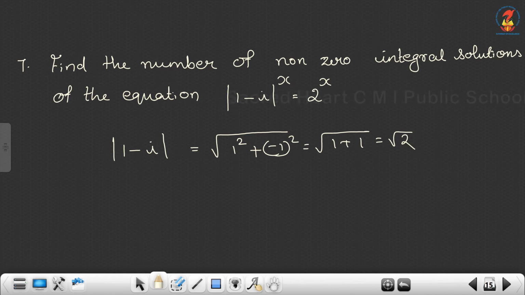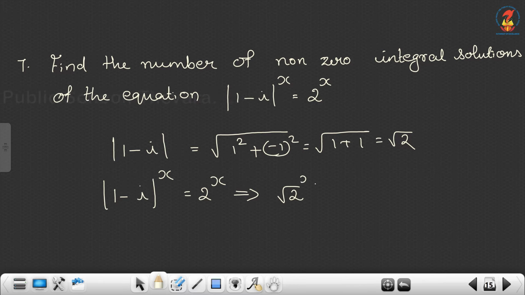So the modulus of this complex number is root 2. Now we can substitute: |1 − i|^x is 2^x, so root 2 raised to x is equal to 2^x. Root 2 we can write as 2^(1/2), so (2^(1/2))^x is 2^x.